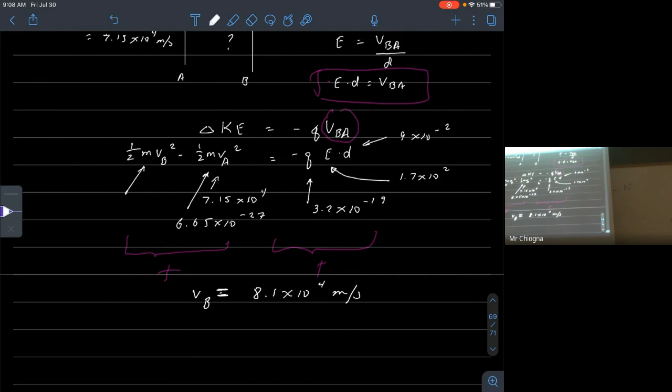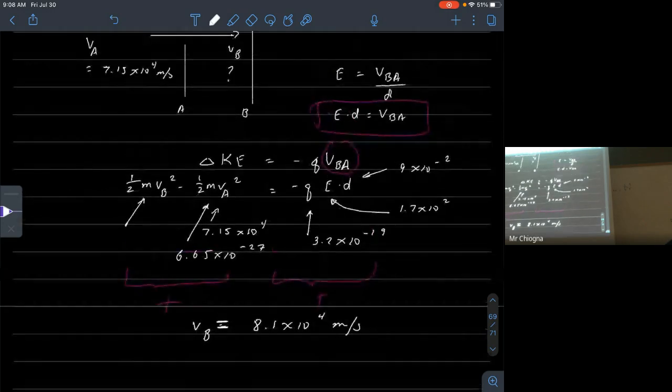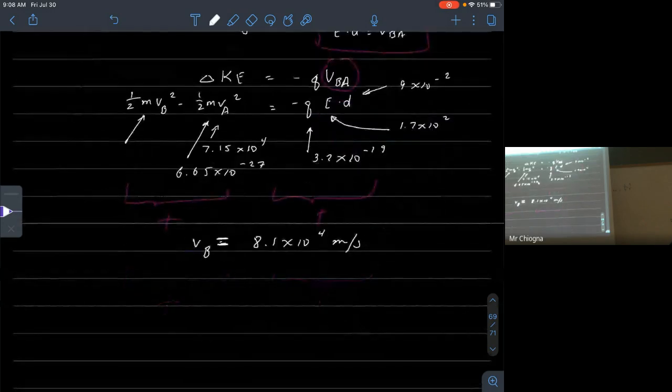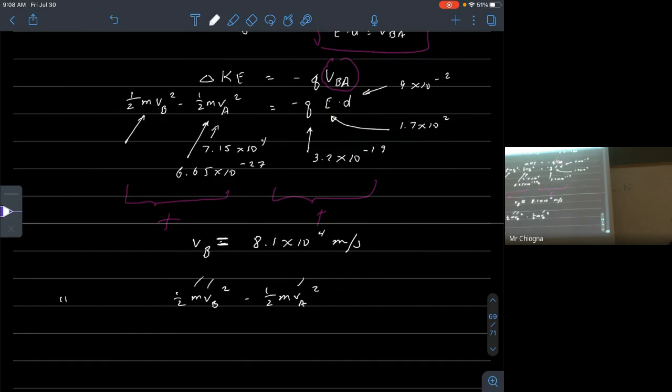What's the potential difference? Same equation. This one here. I'll rewrite it in full. You have the VA, the VB, you have the mass of the electron. You can look that up. It's in your table. That's equal to negative QVBA. And you want to solve for this. That's the potential difference. You have the Q. Again, you have the mass.